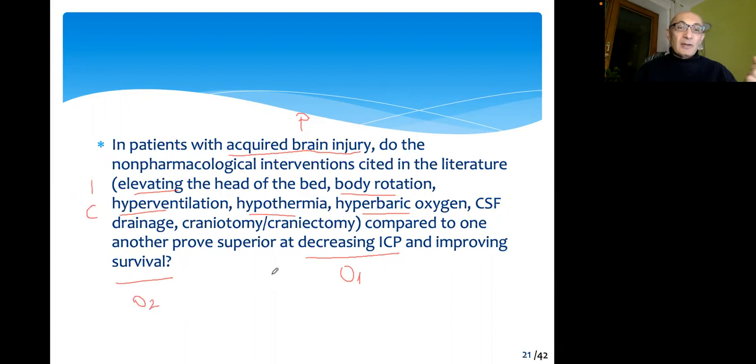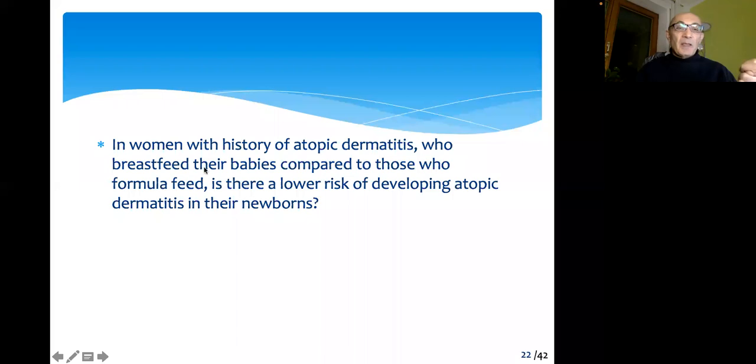You may have more than one intervention, more than one comparison, as well as more than one outcome in clinical questions. The next one: in women with history of atopic dermatitis who breastfed their babies compared to those who formula feed, is there a lower risk of developing atopic dermatitis in their newborns?